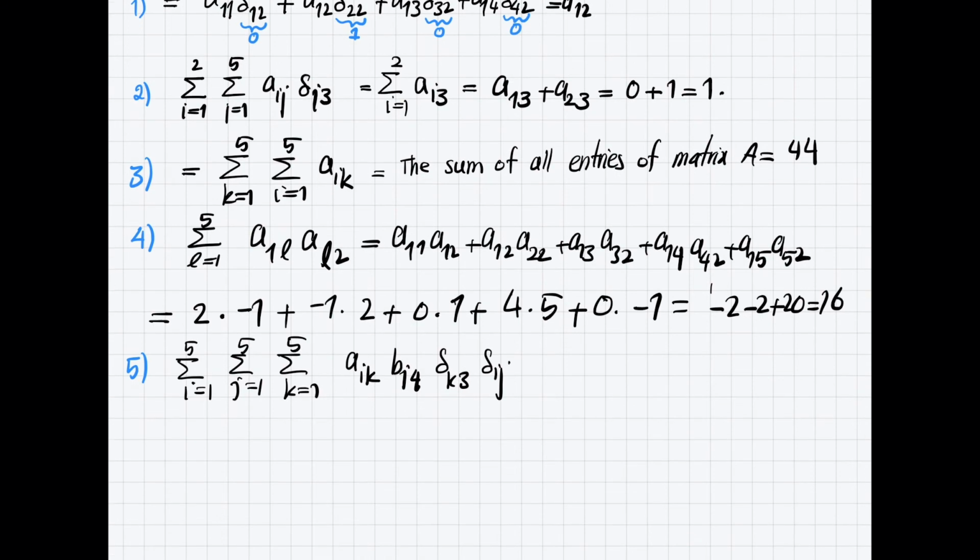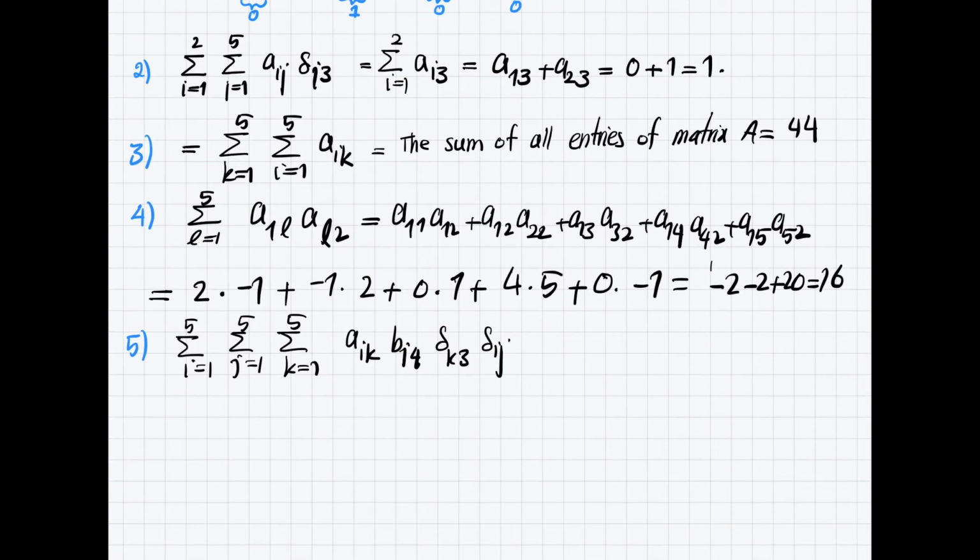Okay, now look here. What can I do now? For example, this delta here depends on k and 3. This sigma depends on k. So again, I can eliminate this delta and this sigma. So what is left for me? What is left for me is two sums. I goes from 1 to 5, j goes from 1 to 5.